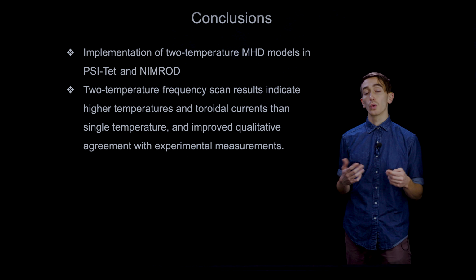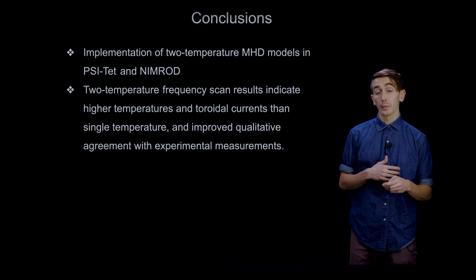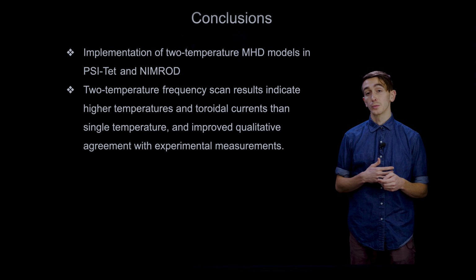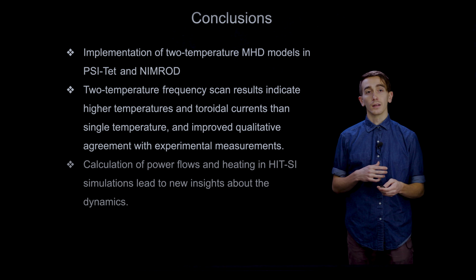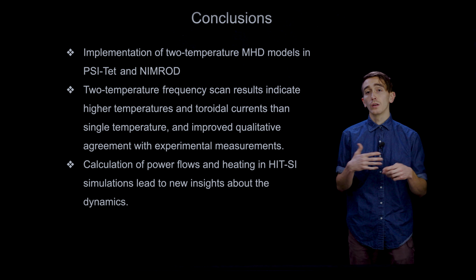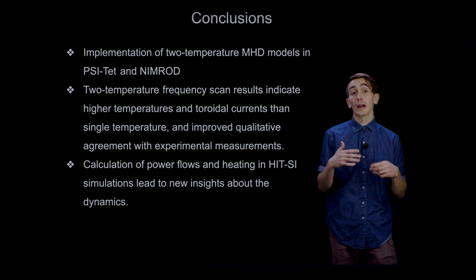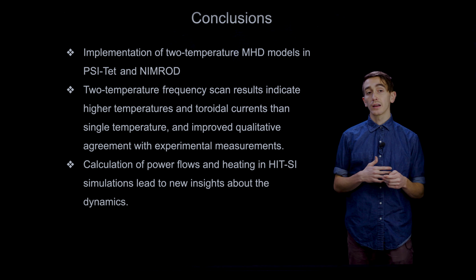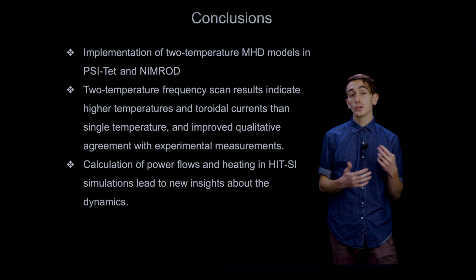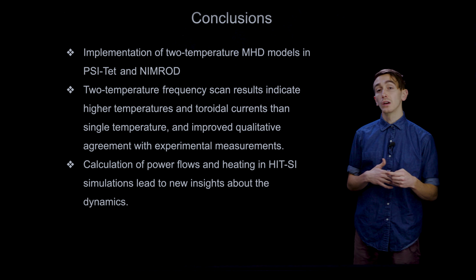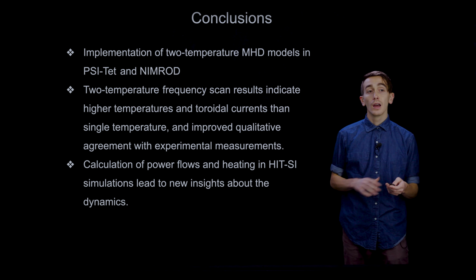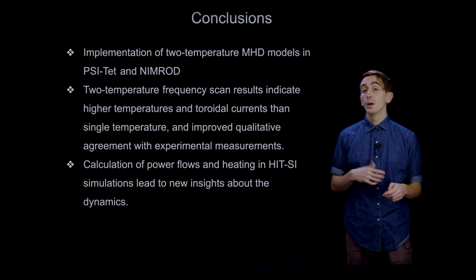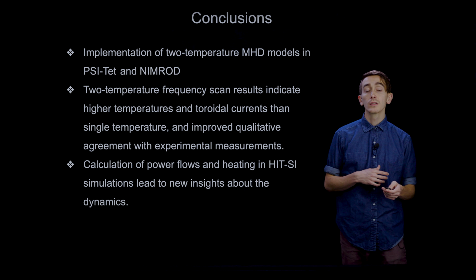We also have improved qualitative agreement with experimental measurements, including ion Doppler spectroscopy, Thomson scattering, and so on. We are also able to calculate power flows and heating in HIT-SI simulations, and this leads to new insights about the dynamics, in particular, why are the ions 2 to 3 times hotter than the electrons? I didn't show any results from this here, but please take a look at the paper if you're interested.